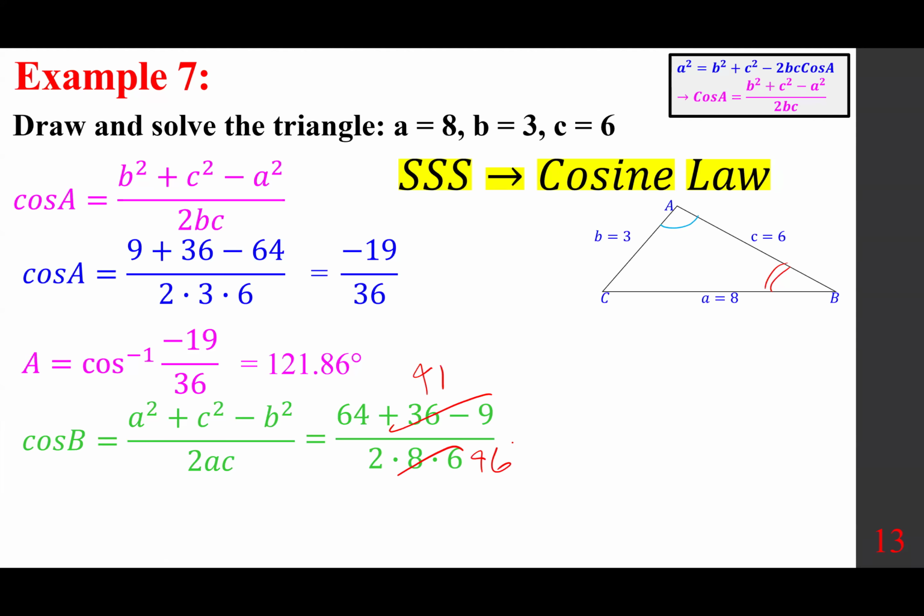So B is cosine inverse of that. Putting it into a calculator, you get 18.57 degrees.